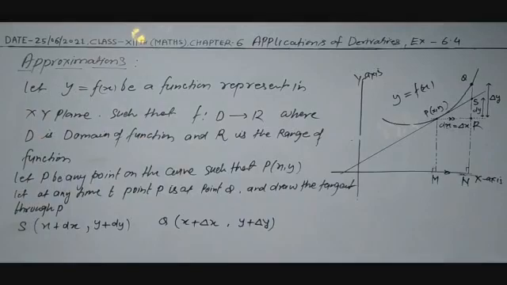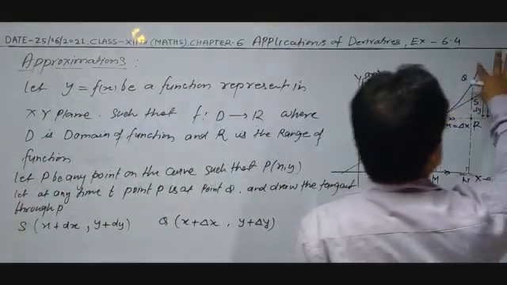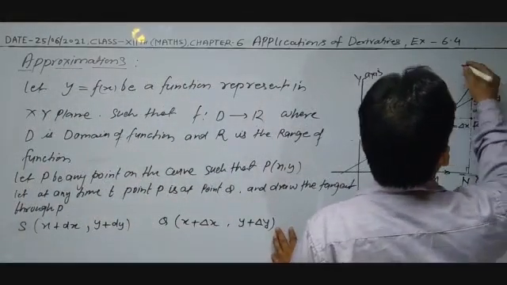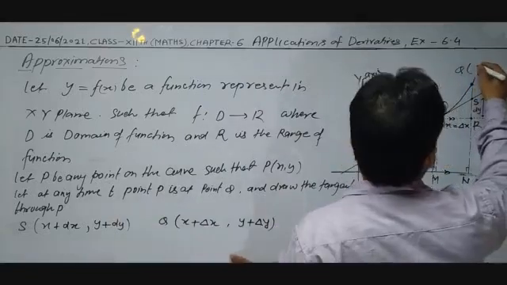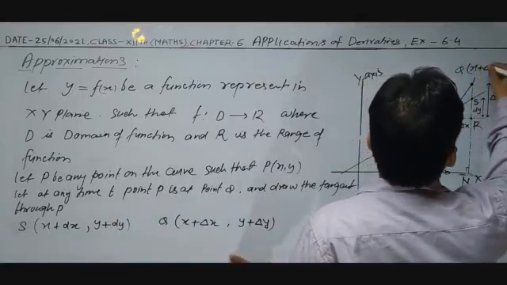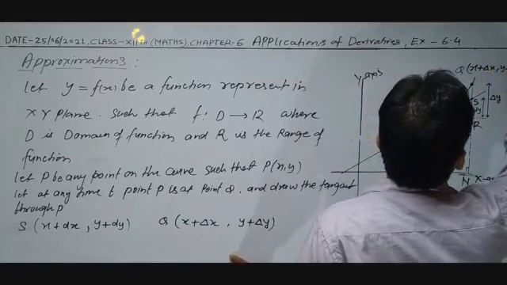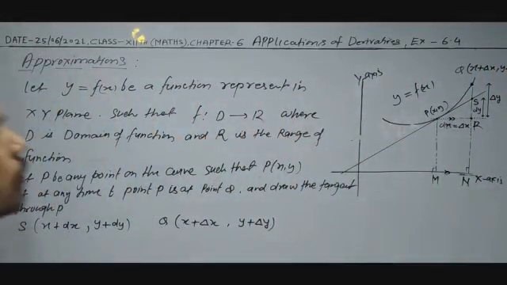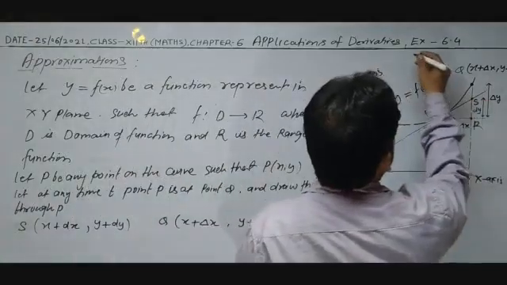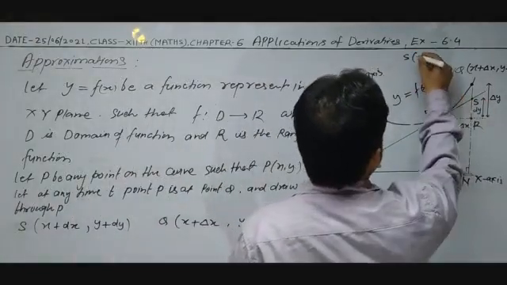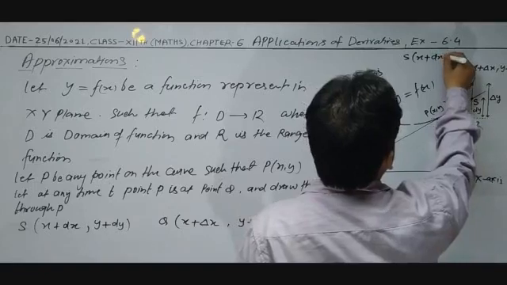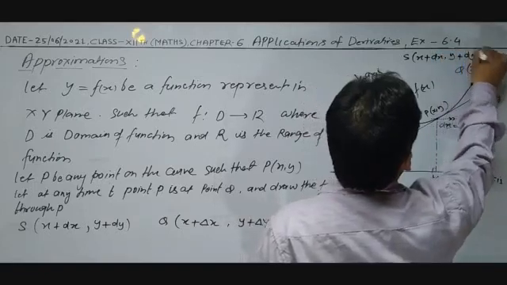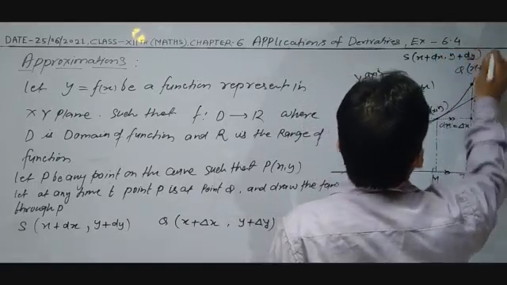So the Q coordinates are x plus del x comma y plus del y, and the S coordinates are x plus dx comma y plus dy.